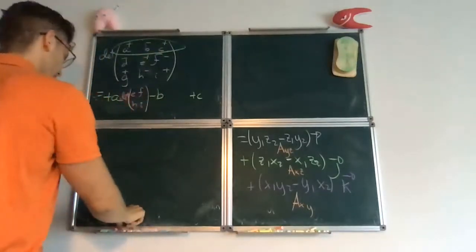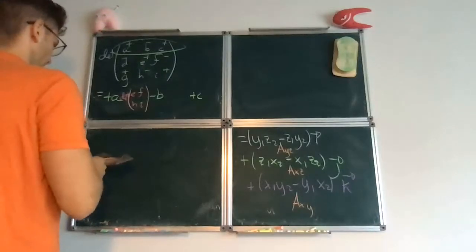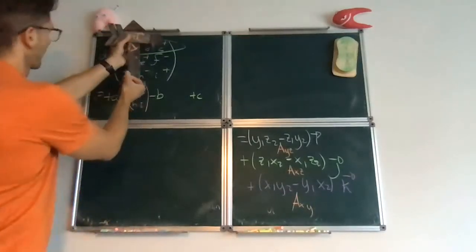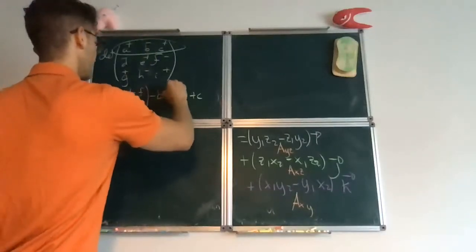Here, then I'm deleting the first row, second column, because that's where B belongs.